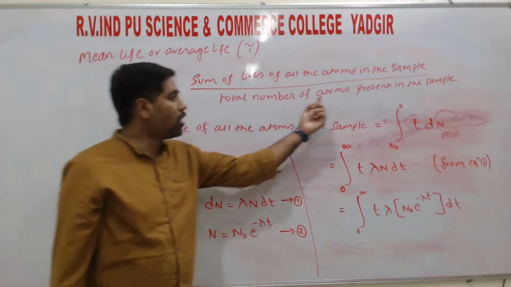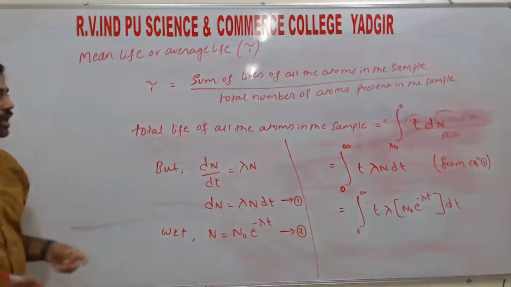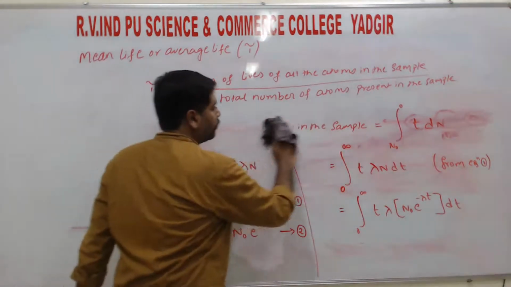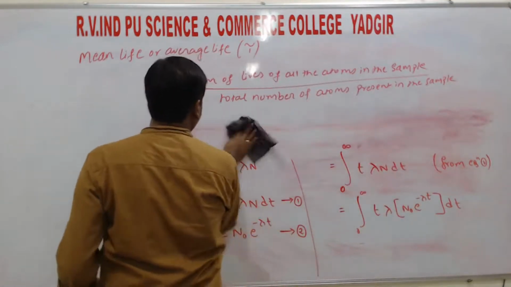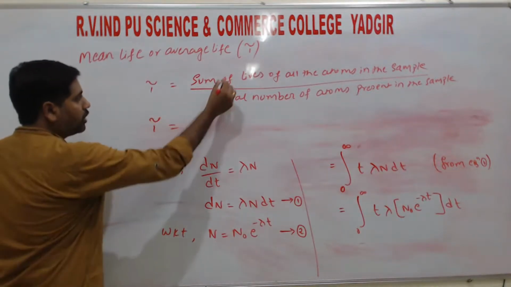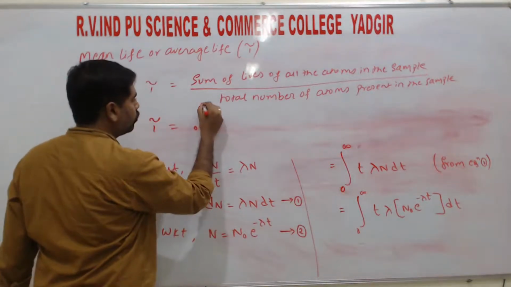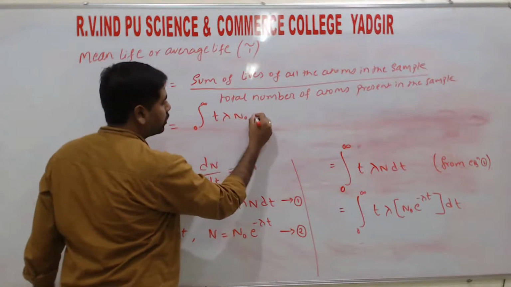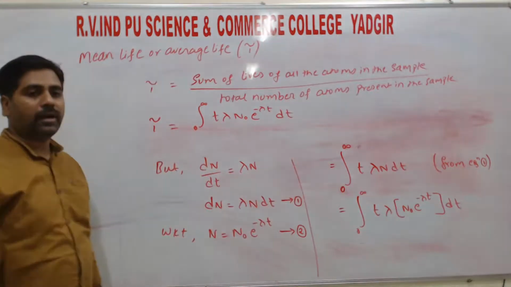So the total number of atoms present in the sample is nothing but n naught, right? So now if we substitute here the mean life tau, that is equals to, in the numerator we have this value, that is 0 to infinity t lambda n naught e to the power of minus lambda t into dt, right?